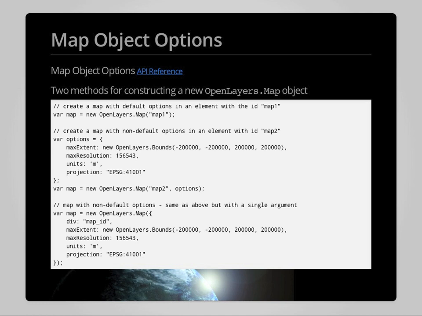So in this case, we just have an option here named div, which is the equivalent of the previous two examples where we just provide the ID of an HTML element that we want to connect the map object to. So this is just an alternative way of specifying the map object, where the div that it's going to be attached to is just one of the options that are provided as a part of the creation of that map object.